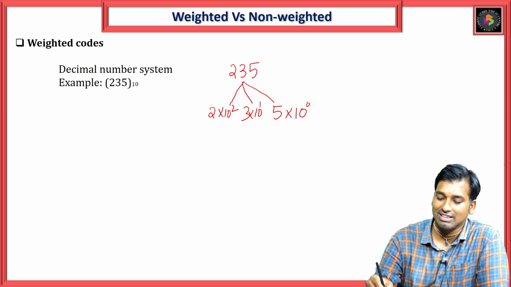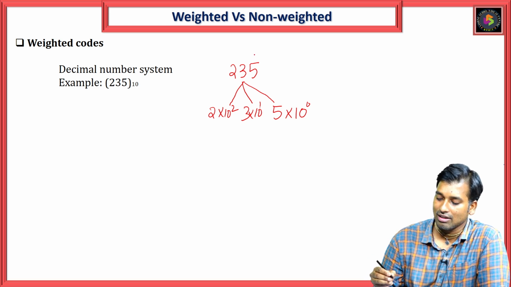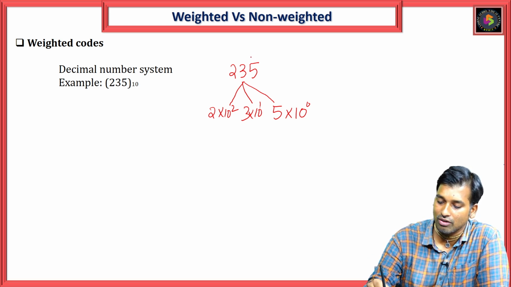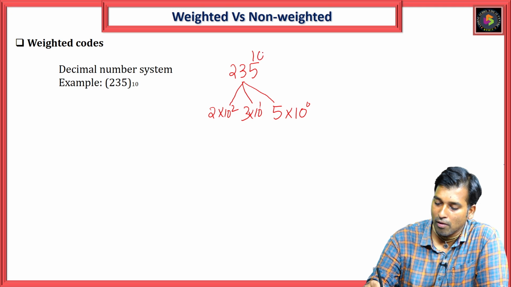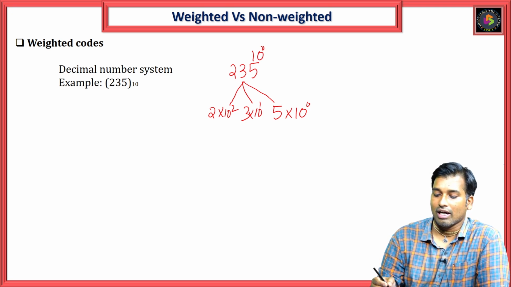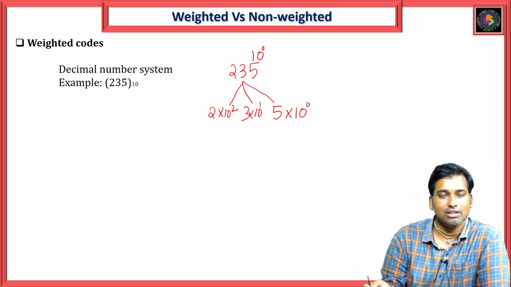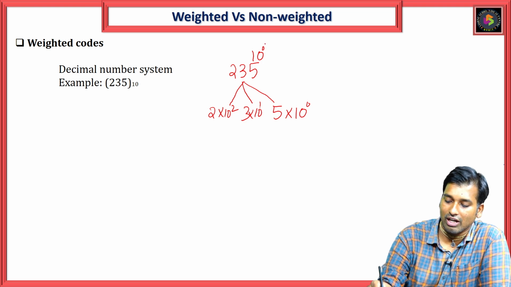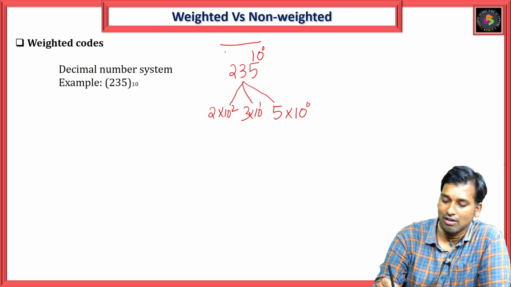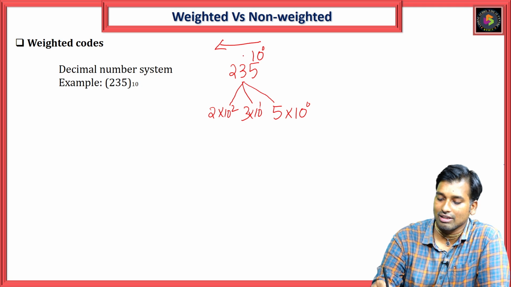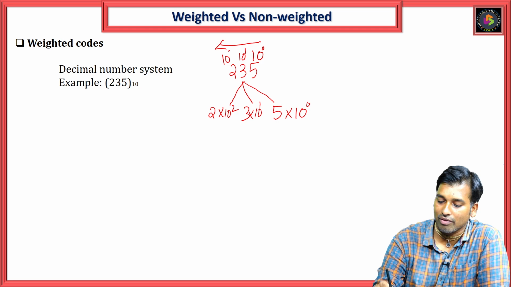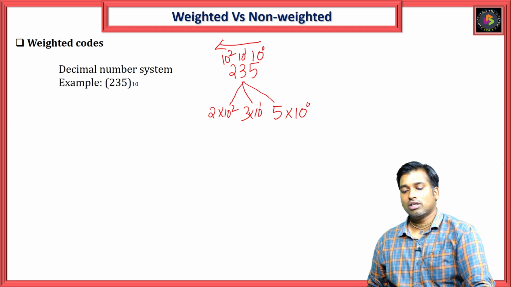It's because at each and every place it has its weight. For example, the least significant digit has the weight of 10 power 0, and if you go from right to left, these weights increase. The second digit has a weight of 10 power 1, the third digit has a weight of 10 power 2.